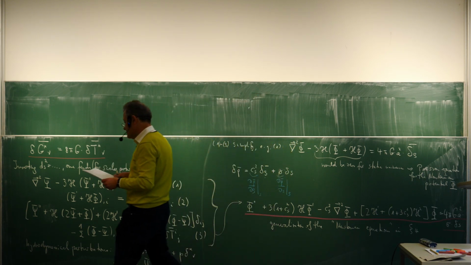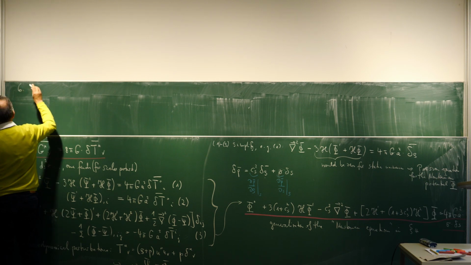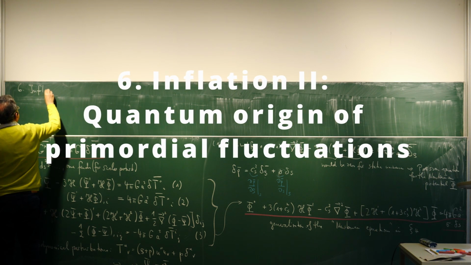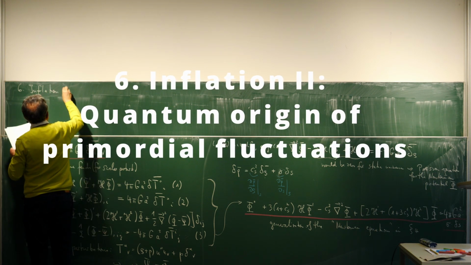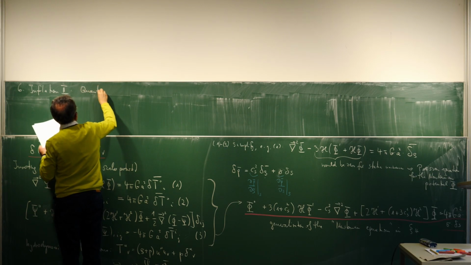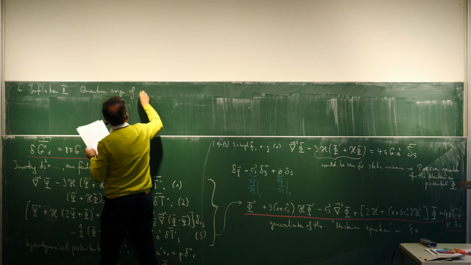And I want to at least sketch this here, so that's a brief summary of what I call inflation 2, the quantum origin of primordial fluctuations.